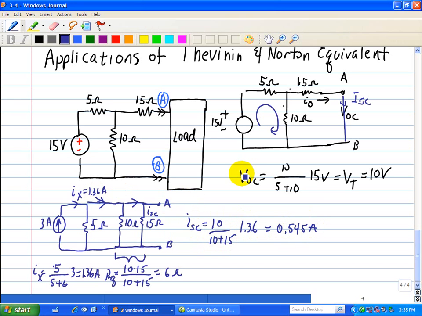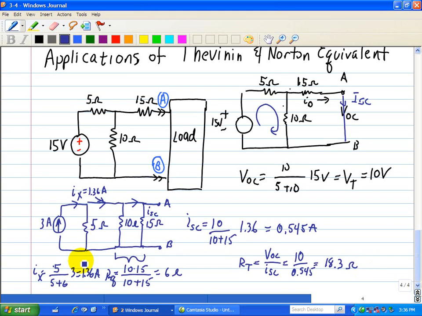So now that we calculated VOC and ISC, we'll figure out what RT is, which is VOC divided by ISC, which is equal to 10 volts divided by 0.545, which is equal to 18.3 ohms.